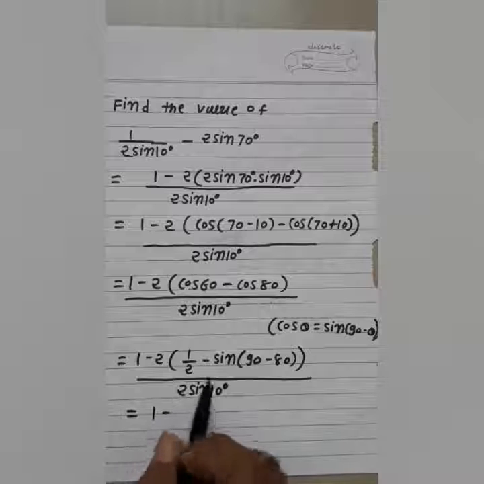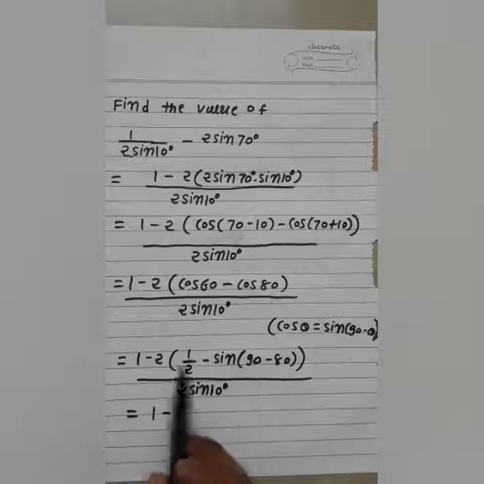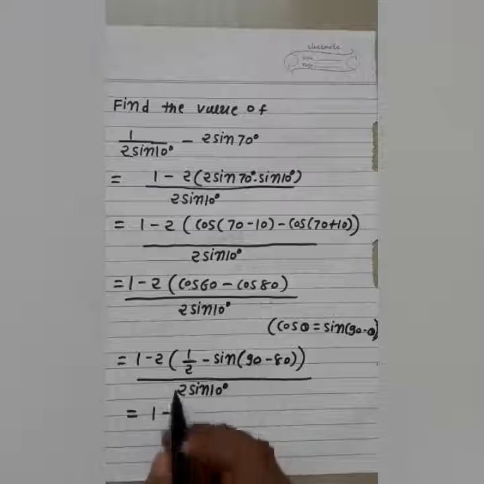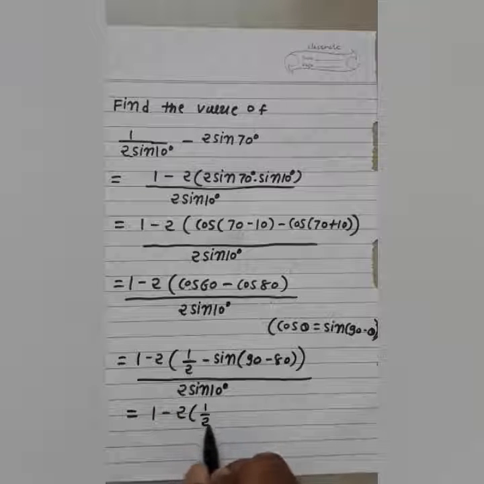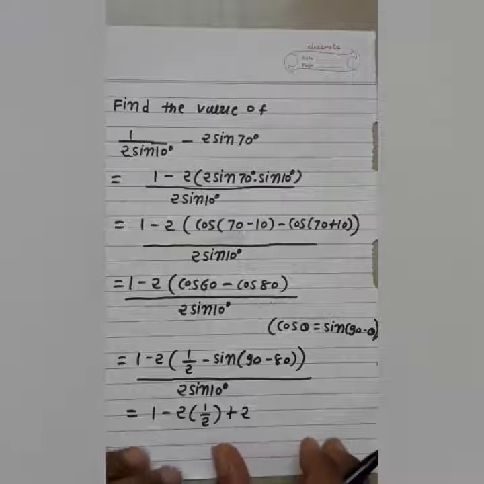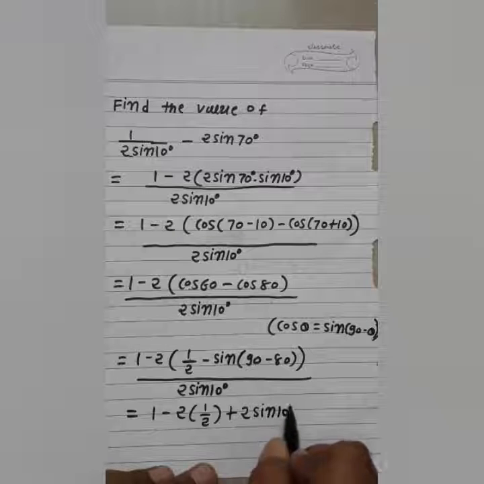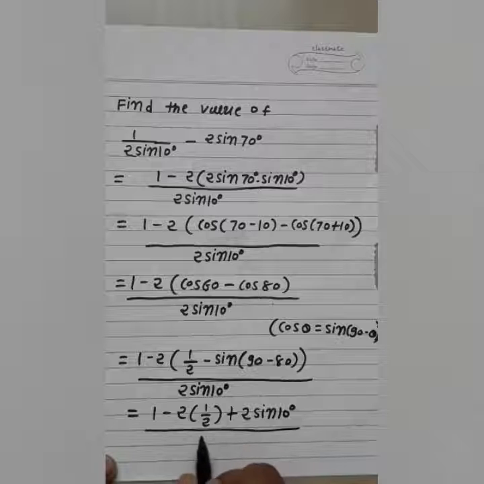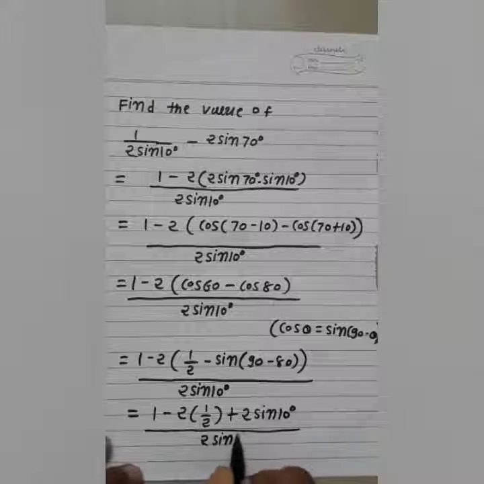So 1 minus, now there is a 2 in the bracket and a 2 outside, so 2 multiplies both terms: 2 into 1 by 2 minus minus plus 2 sine 10 degree, upon, in the denominator, 2 times sine 10 degree.